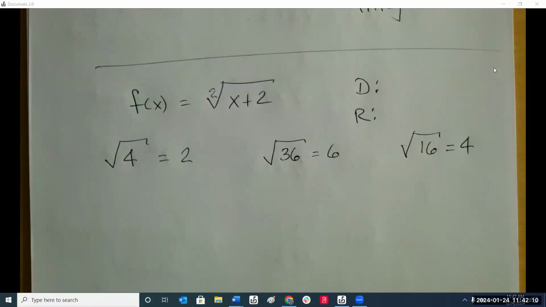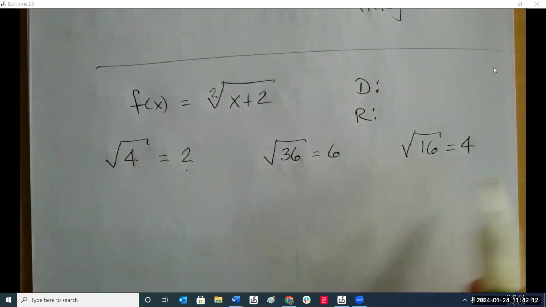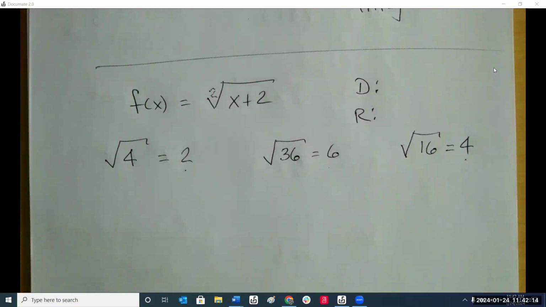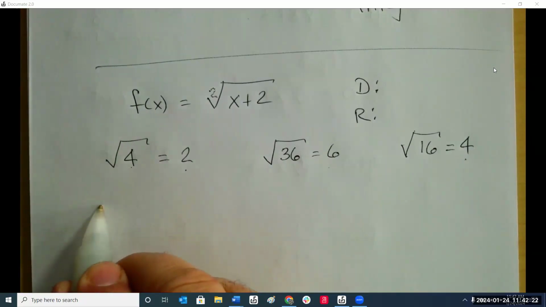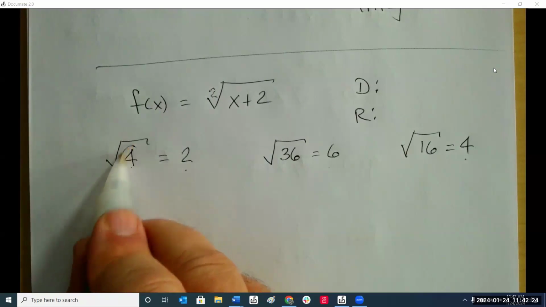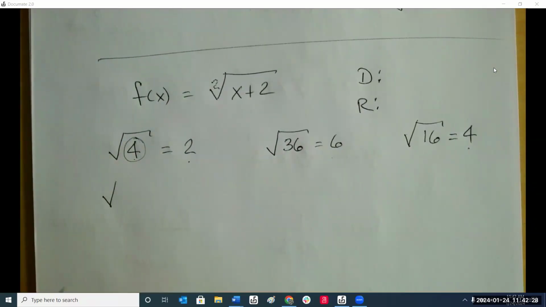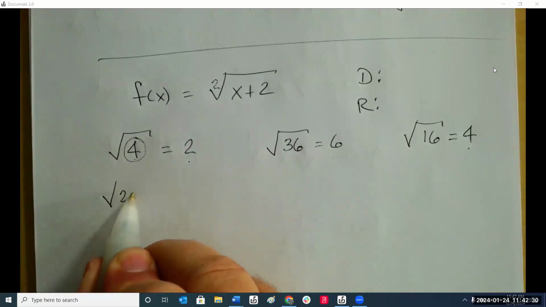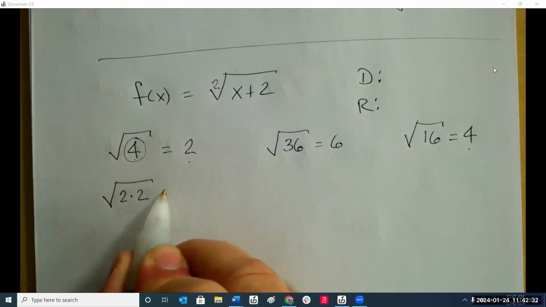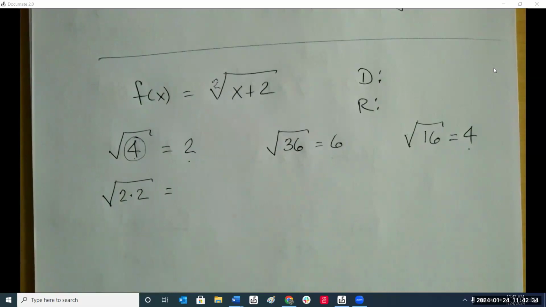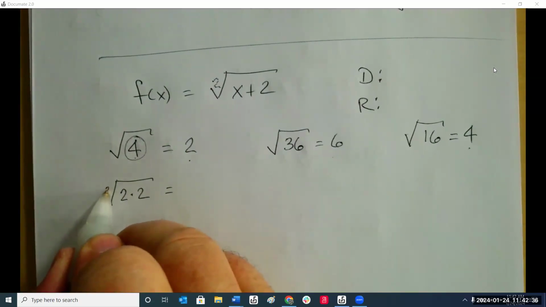Now my question is why? Why is this one 2? Why is this one 4? Why is this one 6? Right. So if we factor out the number inside the radical, what is 4 made up of? 2 times 2. Remember, this is a square root, right? There's an invisible 2 here.